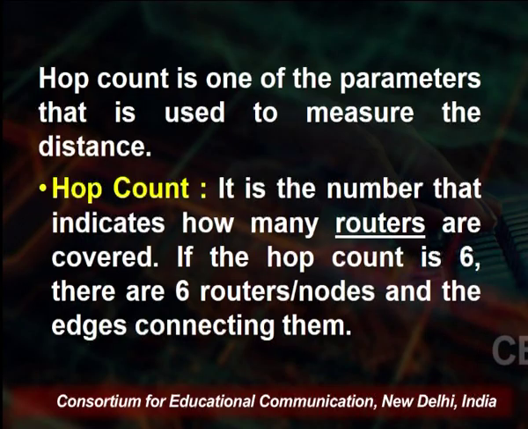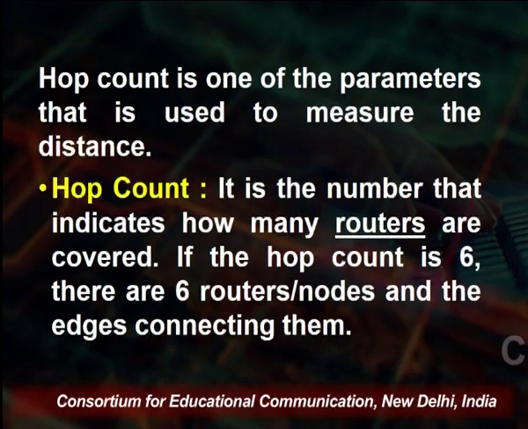Now the shortest path algorithm is basically used by building a graph or subnet containing routers as nodes and edges as the communication lines connecting those nodes. One of the parameters we looked into was the hop count, which is the number of routers covered on that particular link.